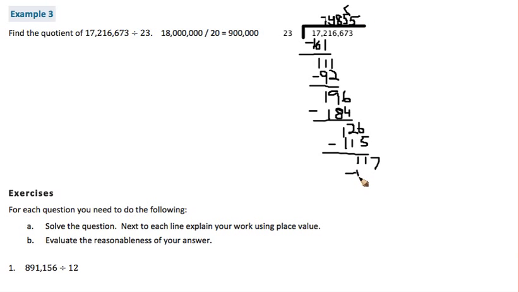We know that because we just did it. 117 minus 115 is 2. And our last digit is a 3, which we bring down. And 23 goes into 23 one time. And we have no remainder.